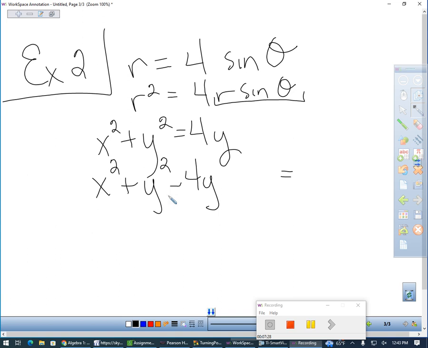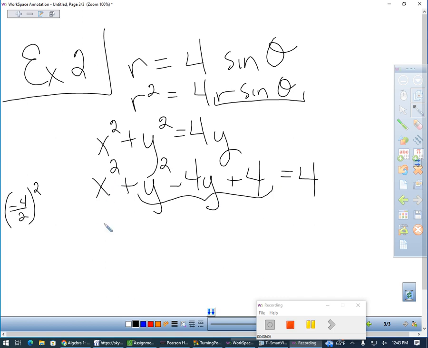So now I'm going to complete the square with the y's. So here I'm going to take half of 4, so -4 divided by 2 and square it. What do I get? 4. So I'm going to add 4 here. Well, if I add 4 on this side, I have to add 4 on the other side. So now I write it as a perfect square.